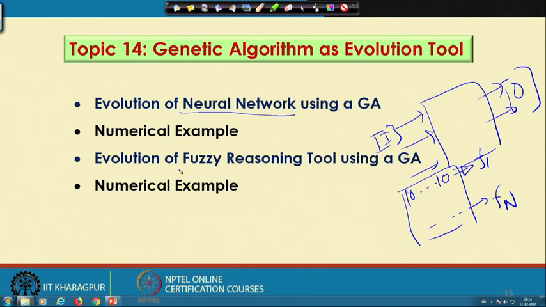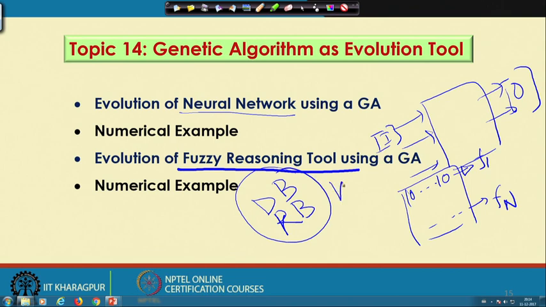Then we concentrated on how to evolve that fuzzy reasoning tool. The purpose is the same, to establish the input output relationship. The principle of the fuzzy reasoning tool depends on the principle of fuzzy sets, and here we take the help of the concept of the database and the rule base, and considering both of these we have what is called the knowledge base, that is KB.